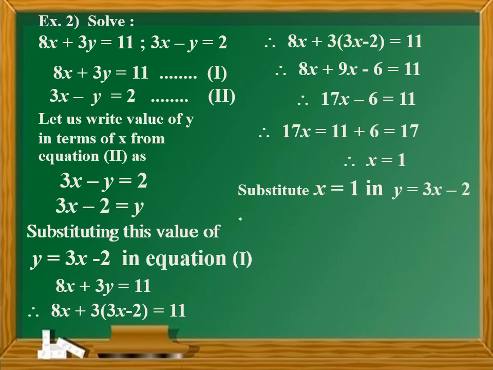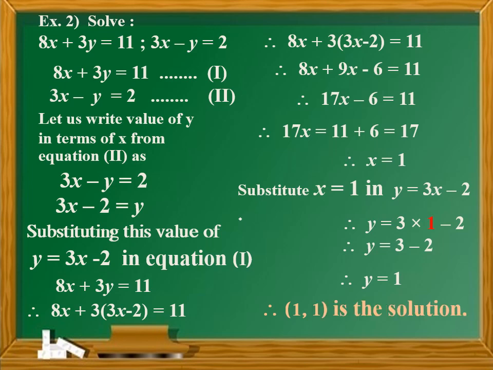Therefore, y = 3 into 1 minus 2. Therefore, y = 3 minus 2. y = 1. In this way, we have found the value of the other variable, y = 1. Therefore, (1, 1) is the solution of the given simultaneous equations.